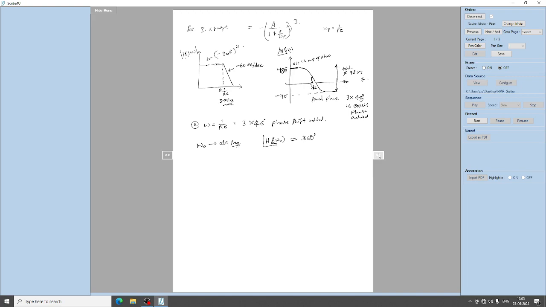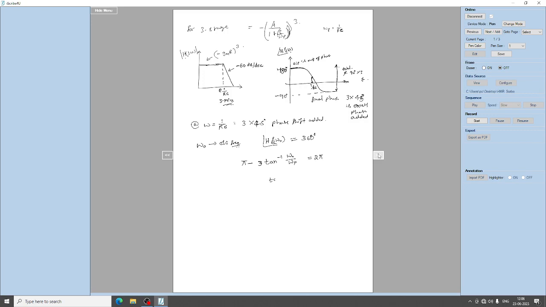So phase is calculated by tan inverse of omega naught upon omega p, corresponding to this equation. This is the phase given by each R and C. So you have 3 stage and that should give 180 degree, which should be equal to 2 pi.